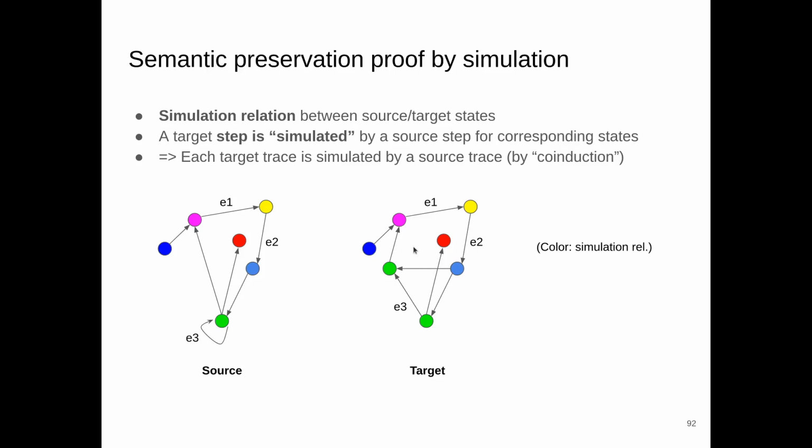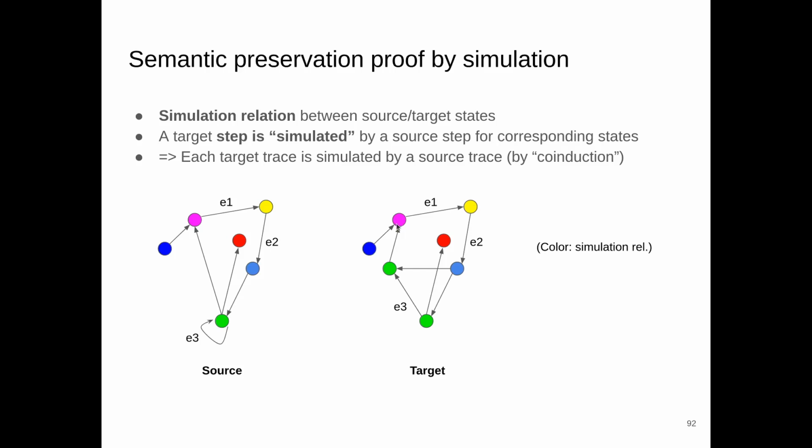And for a relation to be a simulation, we need to actually prove that a target step is simulated by a source step, which means that, okay, let's say we are in a target state. For all target states, let's say this. For all transitions from this, let's say this is transitioning to this.